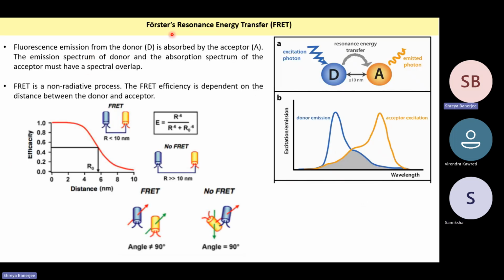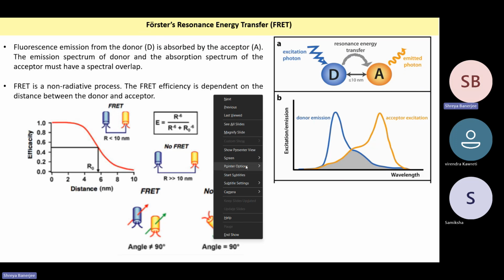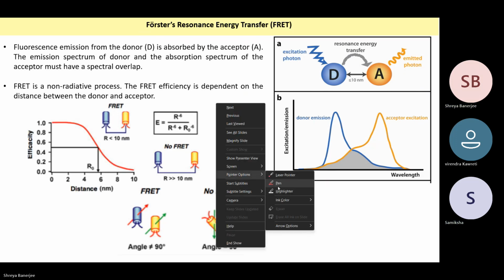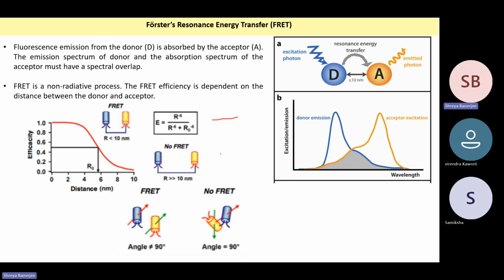So there is another phenomenon called Forster's resonance energy transfer. Suppose you have one molecule where you're exciting the electron in the donor molecule and it is emitting something.